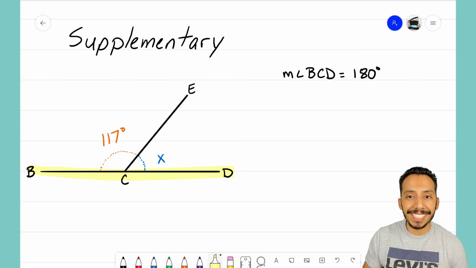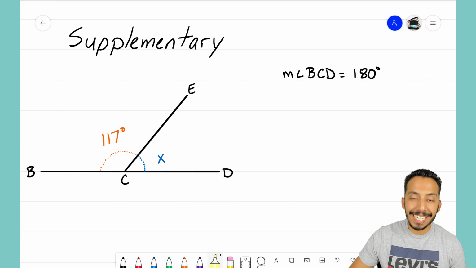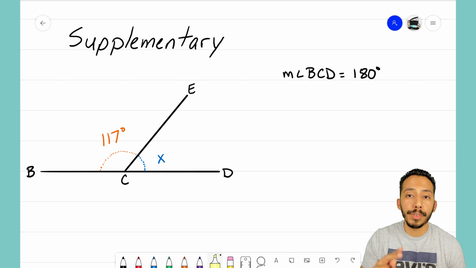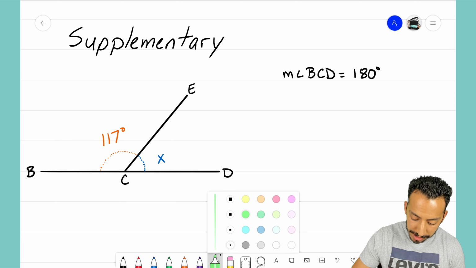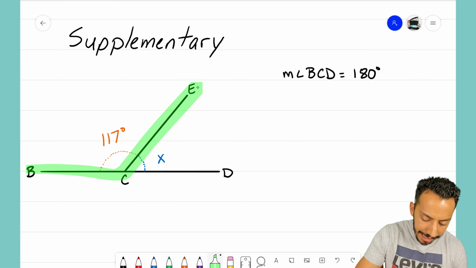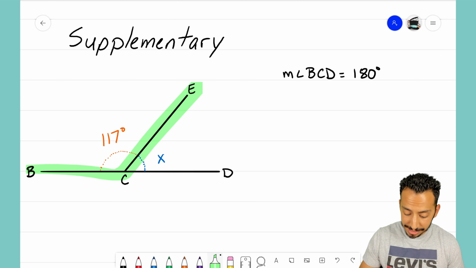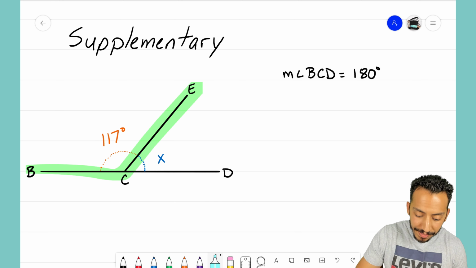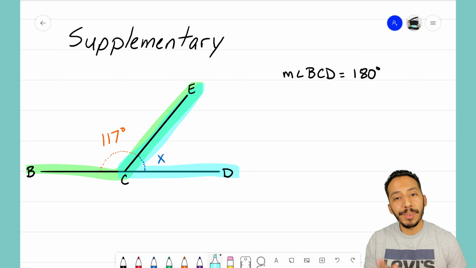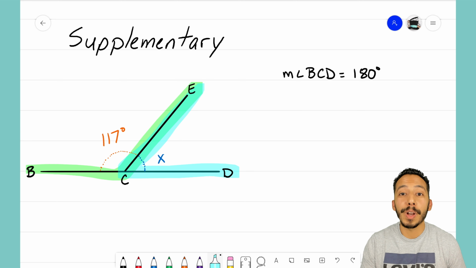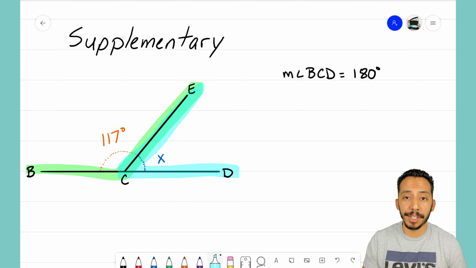Perfect. All right, but notice that straight line is being cut into two different angles. I have this first angle here, which is BCE, being formed on the left-hand side. We know that that's 117 degrees. And then I have this angle on the right, which we'll call angle ECD, where we don't know the value, but we know that it's represented with our x variable.